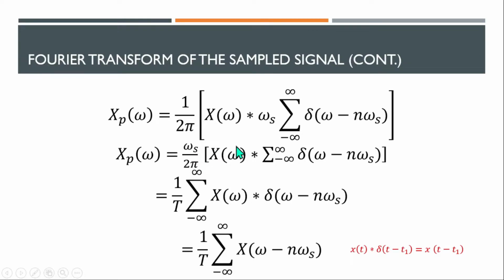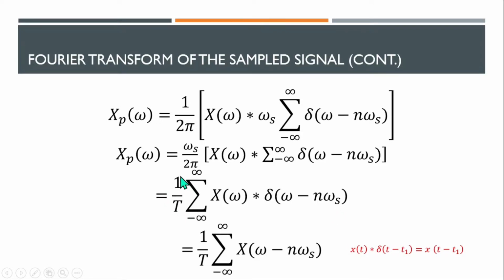In this case, omega sub s is factored out, times X of omega convolved with the summation from n equals negative infinity to positive infinity of delta of omega minus n times omega sub s equals 1 over T times the summation from n equals negative infinity to positive infinity of X of omega convolved with delta of omega minus n times omega sub s.